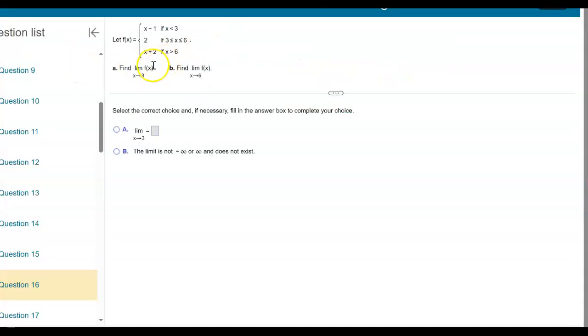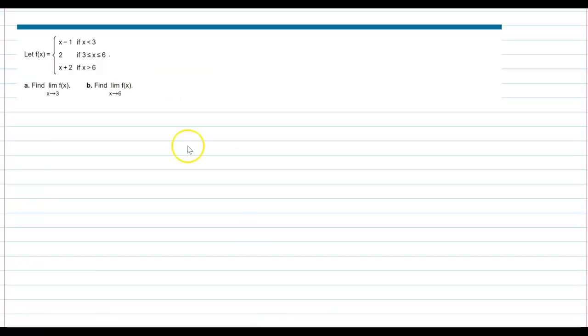Now for the next problem, we are given a piecewise function and we are asked to evaluate the limit of the following functions as x approaches 3 and as x approaches 6. Let's look at the first one. When you say the limit of the function as x approaches 3, notice that 3 is an endpoint of that interval.